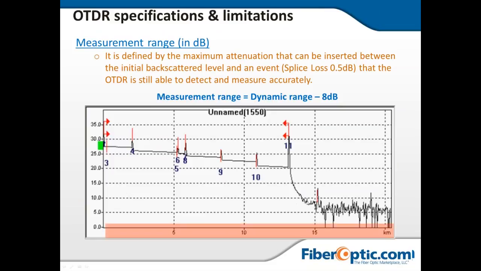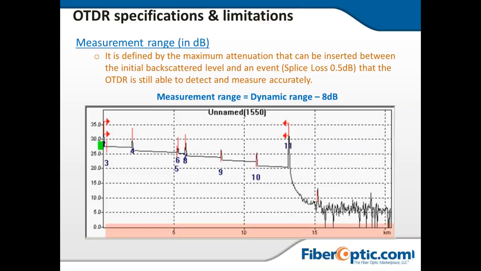Between the two blue lines here, the one on the top where the arrow is comes in at about 26, 27 dB and runs all the way across, all the way down to the bottom, which is 0. That's the full dynamic range of an OTDR.